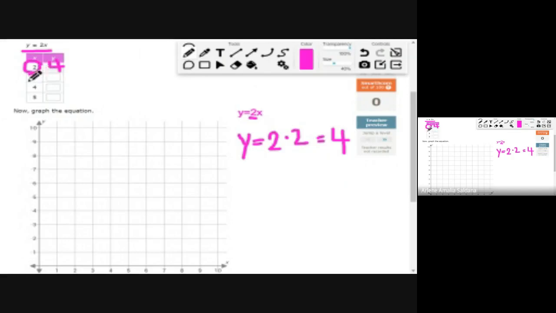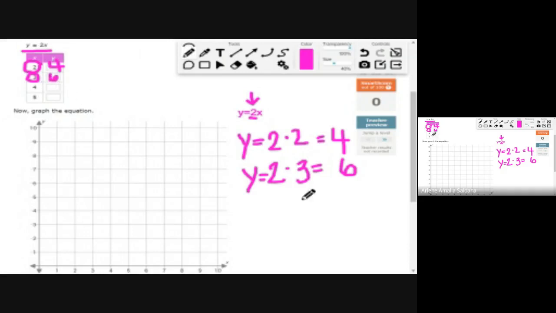And then we're going to move on to the second x, which is 3. We're going to do this again. y equals 2 because this is the constant of proportionality that we're using. We do 2 times 3, that gives us 6. So our second y is 6, okay?